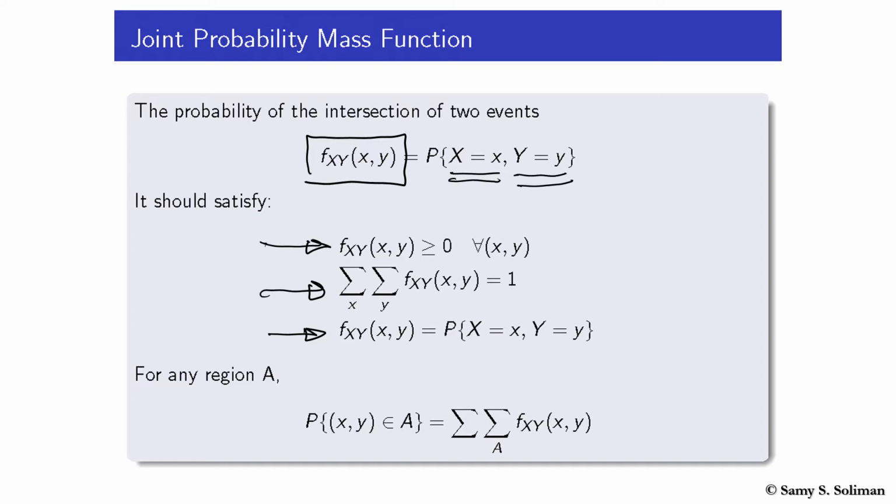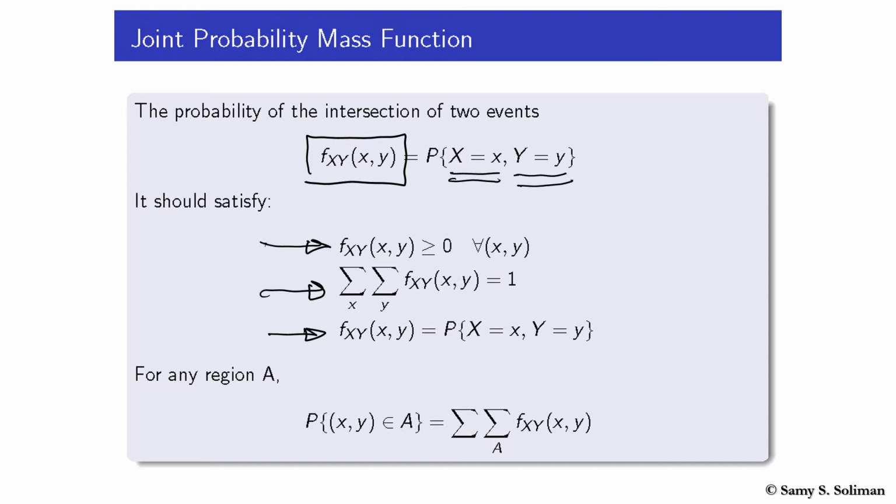Similarly here, we can define any region A, but what we need to take care of is that when we define region A for joint distributions, we mean a range of X and a range of Y, a range of the first random variable as well as the second random variable.